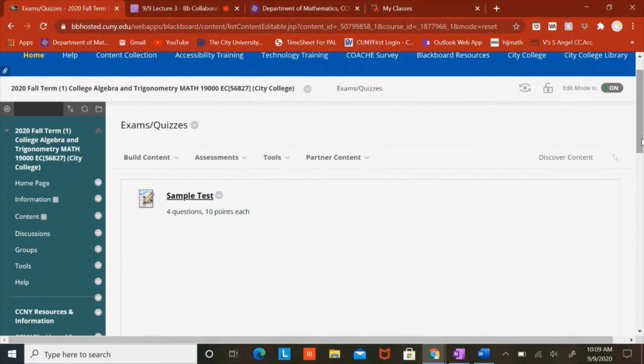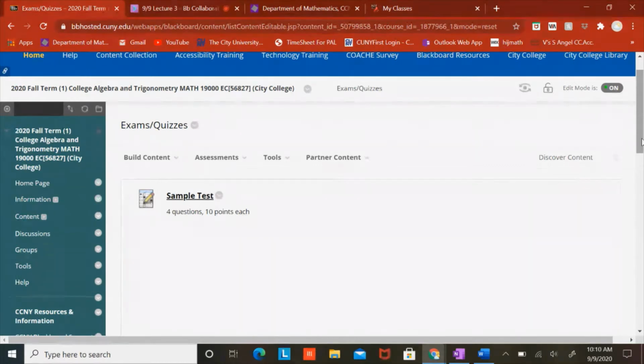Another thing to keep in mind is that it's a multiple choice test. So once you pick an answer, make sure you save and move on to the next one, but don't pick something that you're not comfortable with. You can change your answer. And also, once you pass on to the next question, you can go back to your previous question.